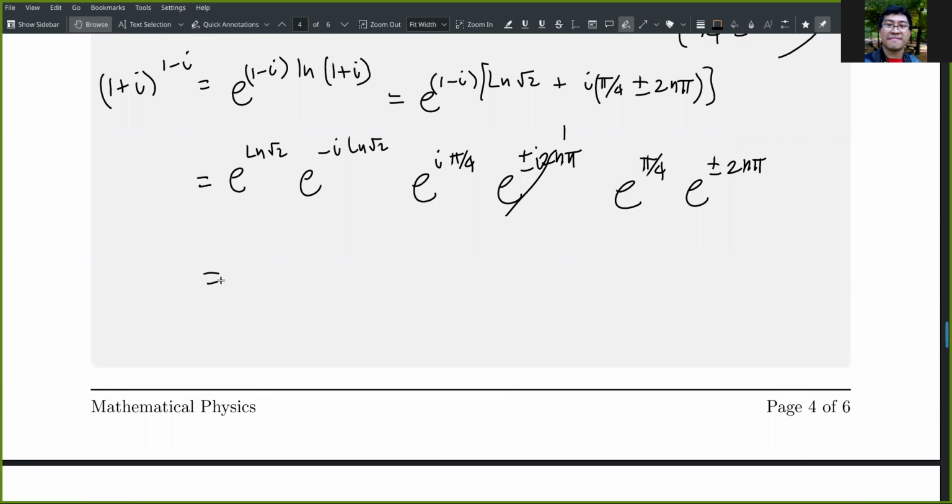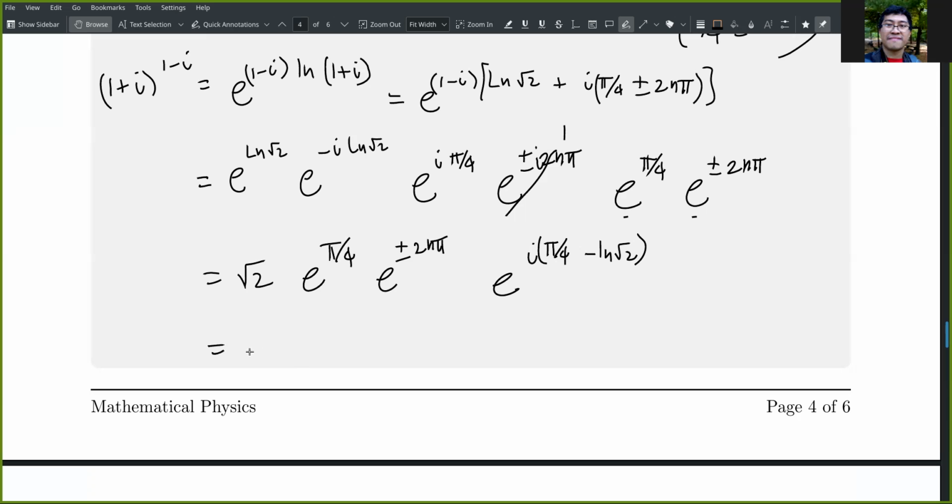What else? So we have ln square root of 2, e to the power of ln square root of 2, that's square root of 2. So we write first the terms that have no i's in the exponent. You have e to the pi over 4 and e to the plus and minus 2n pi. So that's this, this and this. And then e to the power of i times pi over 4 minus ln square root of 2.